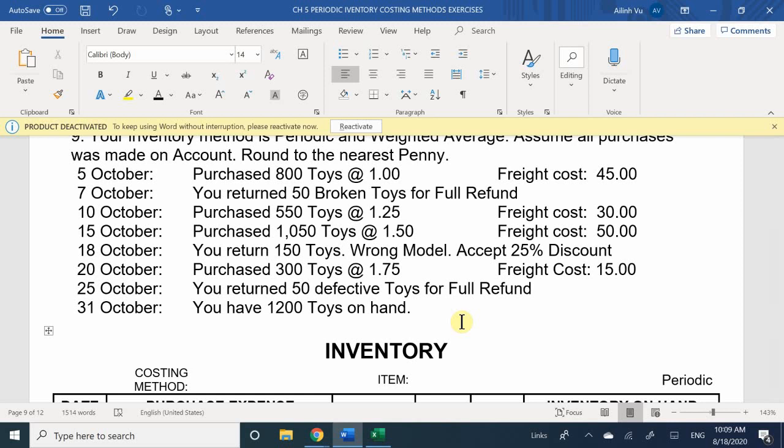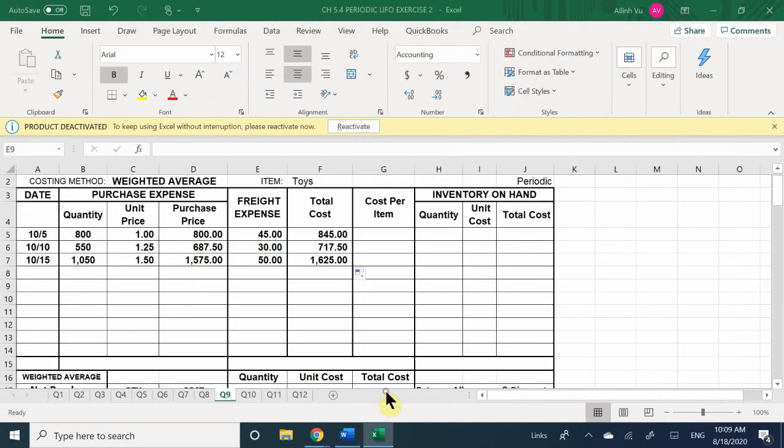However, they convinced us to say you can sell this as a special model toy. So they convinced us to keep the items that we originally purchased, and they shipped us the wrong one. And we accept a 25% discount this time. So let's go ahead and solve for that.